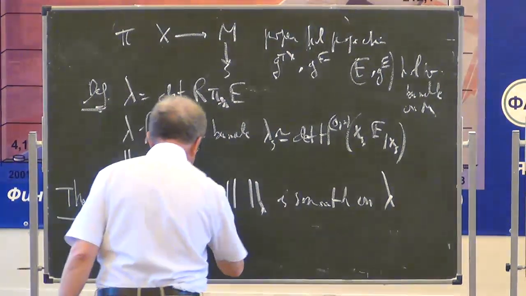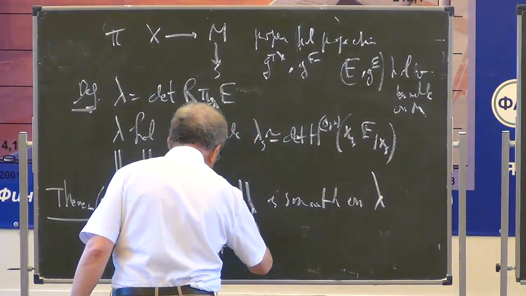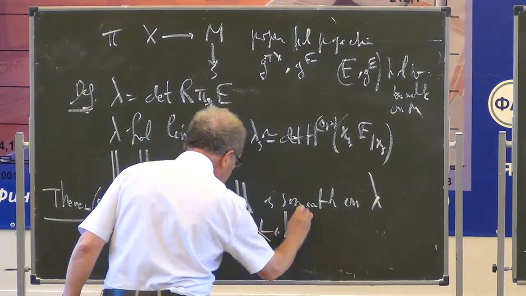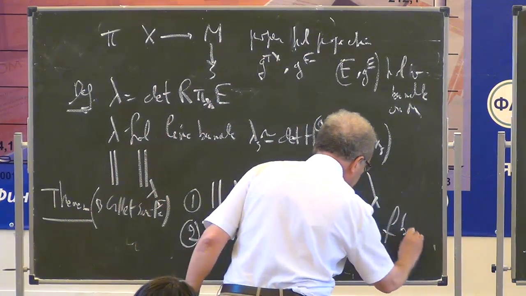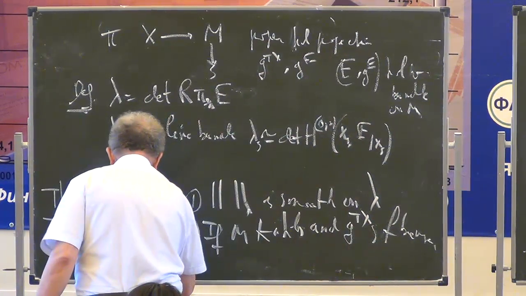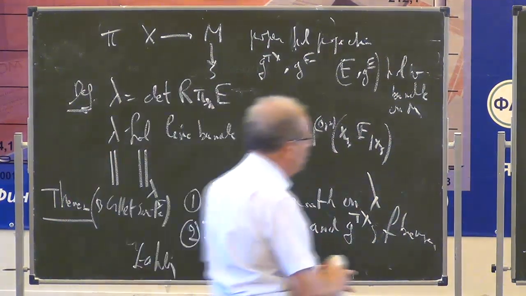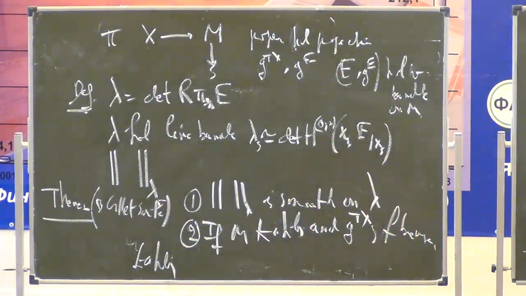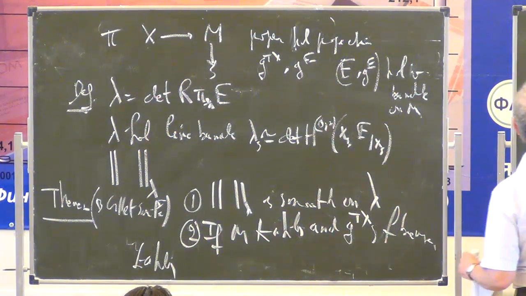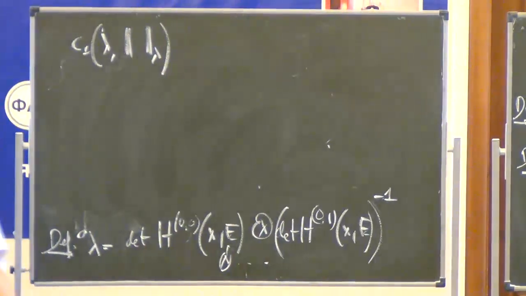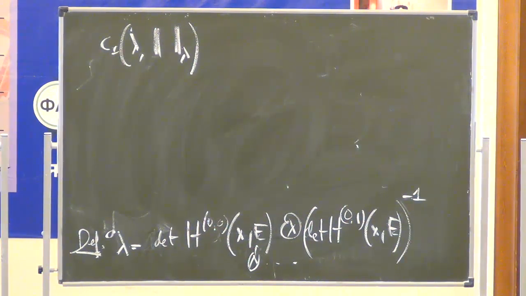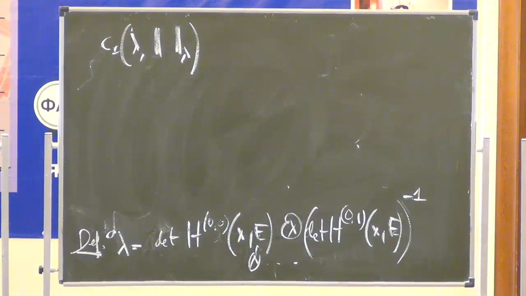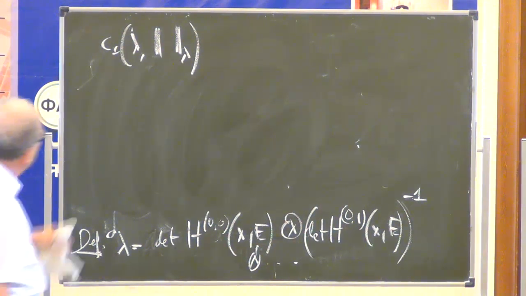And the second thing is, if M is Kähler and GTX is fiber-wise Kähler, then the C1 form, now we do have a line bundle equipped with a smooth metric. So then this, as I explained last time, this metric determines the connection, which is the so-called Chern connection, and you can calculate its C1 from the curvature.